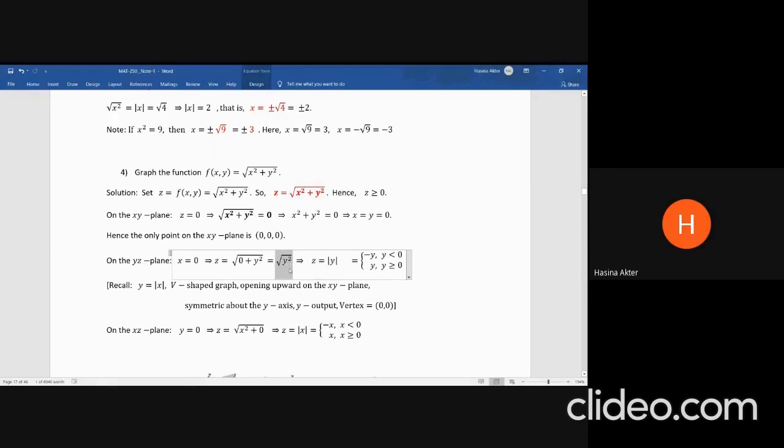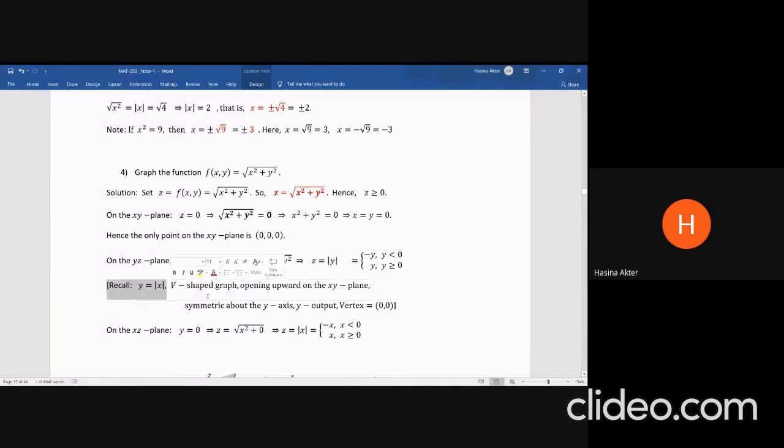It doesn't allow negative values, so z must be given by the absolute value of y. The graph of the absolute value function is a v-shaped function. I'm talking about the yz plane, not xz. If you compare it with the xy plane, remember, y equals modulus of x.